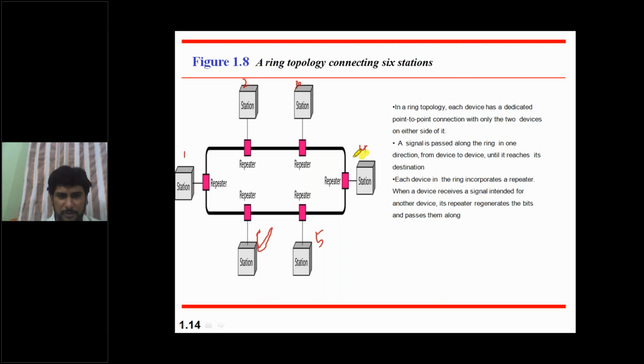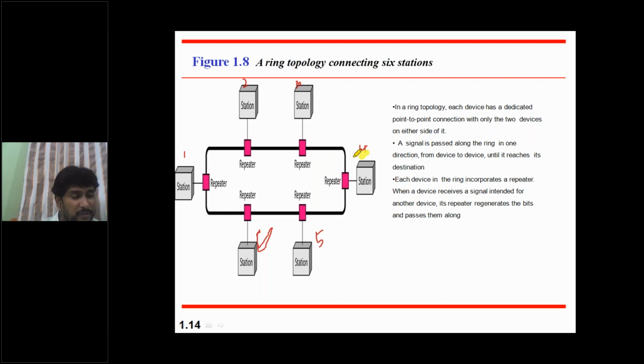The advantage is we have point-to-point links, the total number of links is comparatively less, and there is no need for special equipment like the hub in the star topology. But the problem is, first, if the communication is between devices 6 to 1, it happens in simply one transaction.